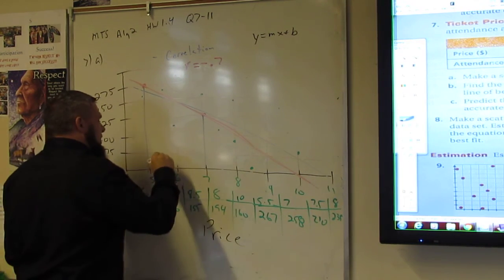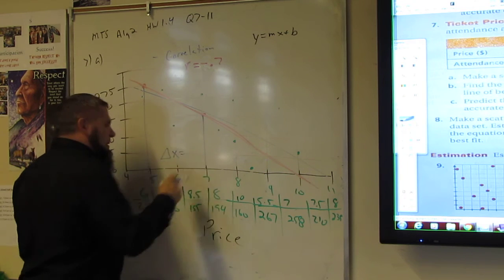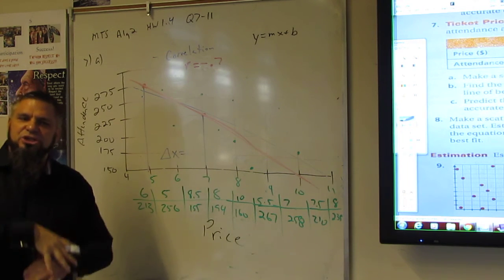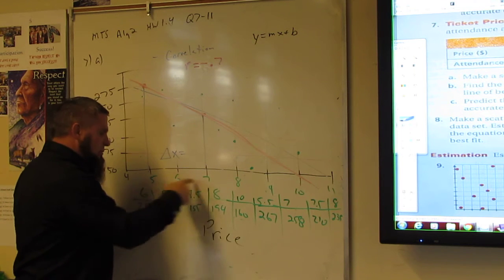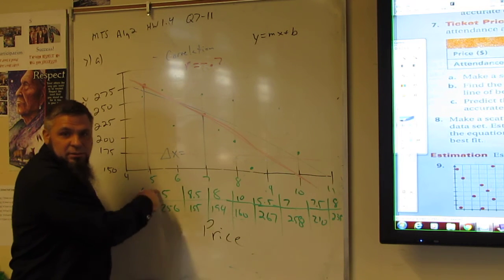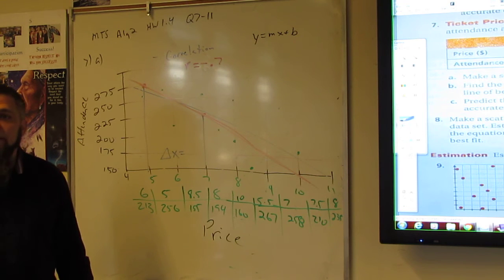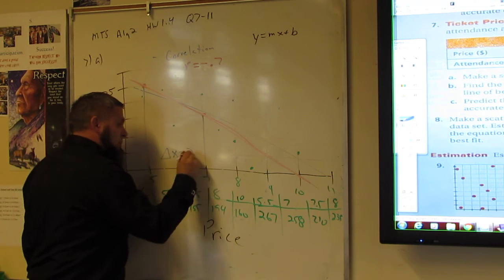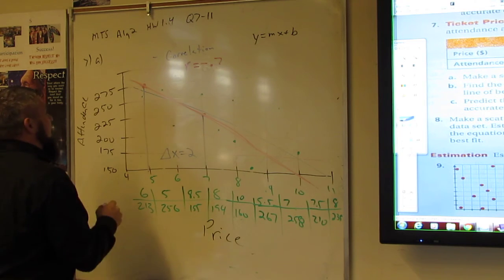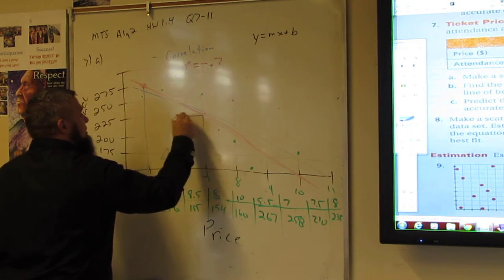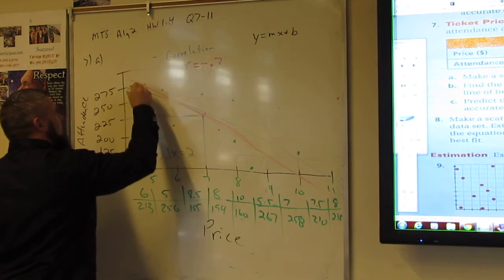The next level is, what is delta x? Remember, delta x means the change in x. So how much does it change from 5 to 7? How much does that change? 2. It's easy. And then we look at delta y. So how we're going from right here to right here.